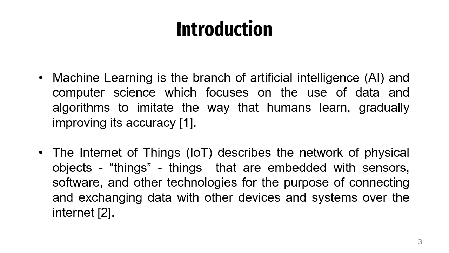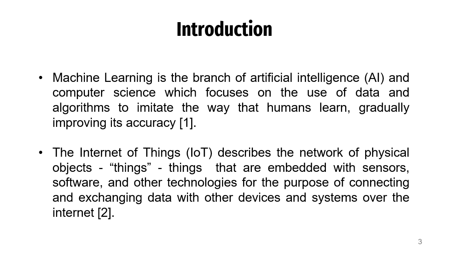However, there are also challenges in combining machine learning and IoT. One major challenge is the sheer volume of data generated by IoT devices, which can be difficult to manage and process. There are also issues around data privacy and security, as IoT devices can be vulnerable to cyber attack.